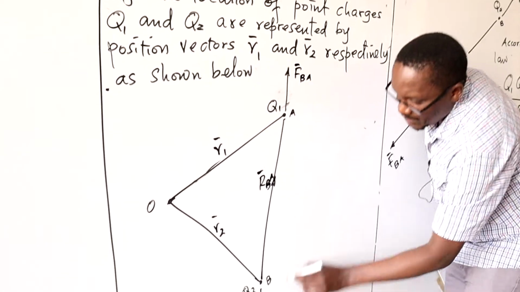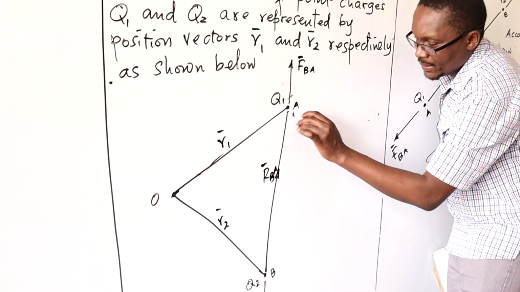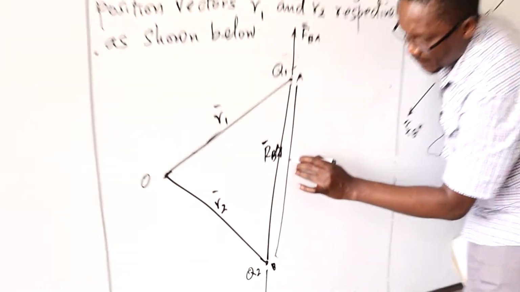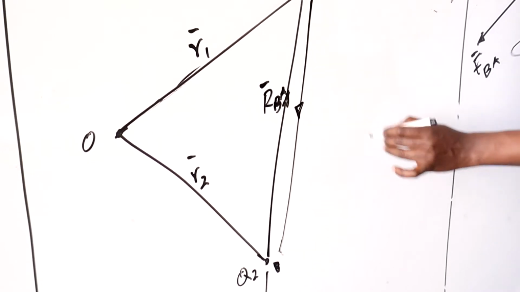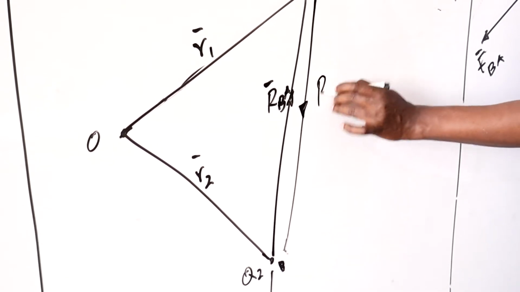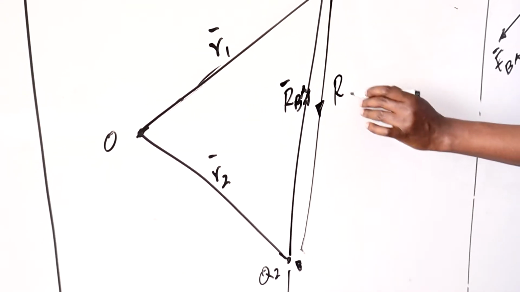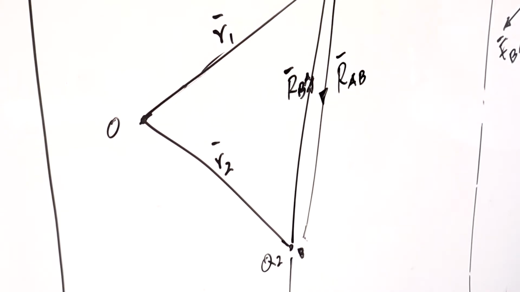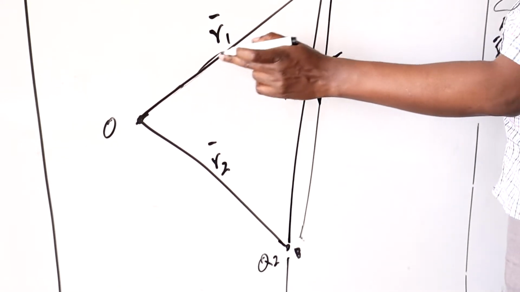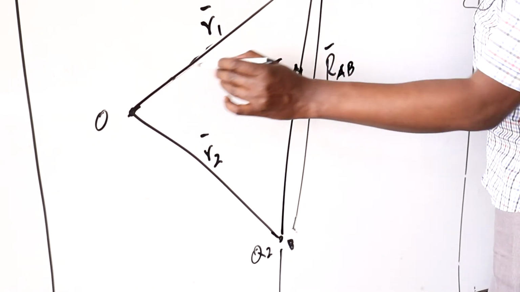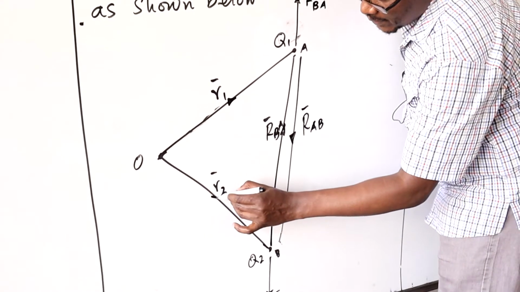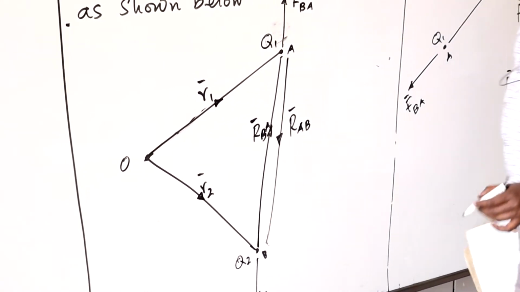And for this other force, the movement is downwards from point B, this is the direction. So I can also label this as R from A to B, which is R_AB bar. Because it is due to position vectors, it's a vector, it has direction. Similarly, that is also another vector with that kind of direction.